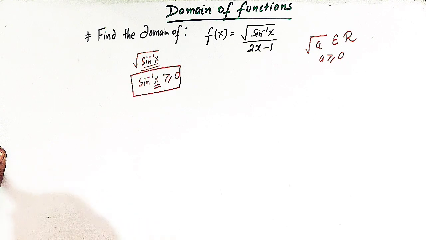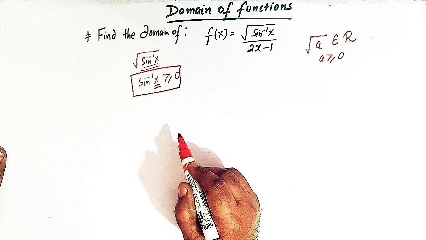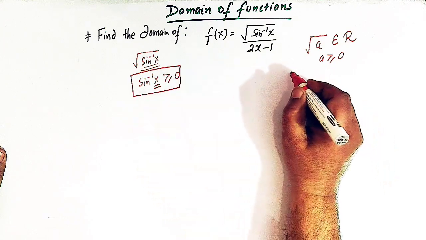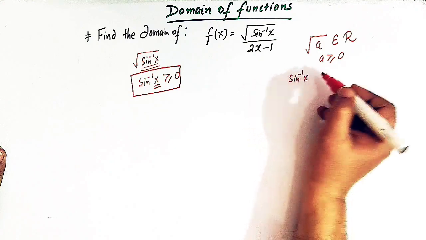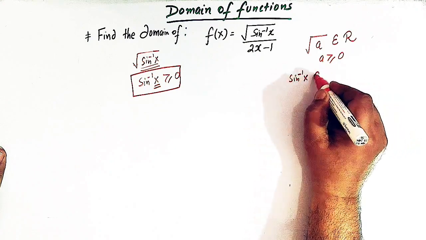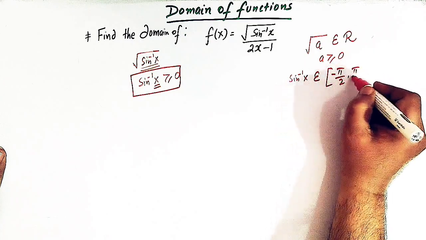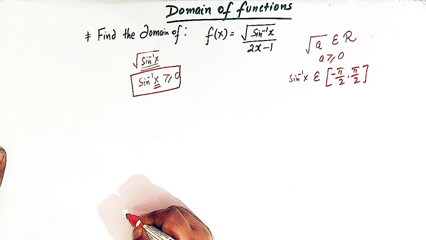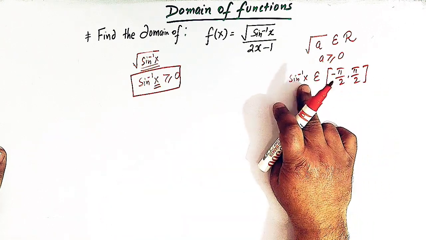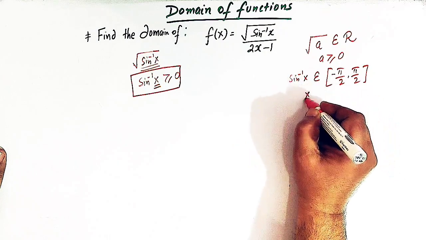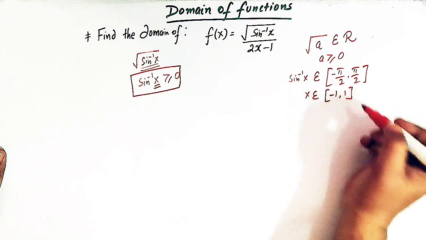For this we'll make use of some concepts from inverse trigonometric functions. From inverse trigonometric functions we know that the range of sine inverse x belongs to the interval from minus pi by 2 to pi by 2, right? So this is the principal value branch of sine inverse x, where x belongs to the interval from minus 1 to 1.